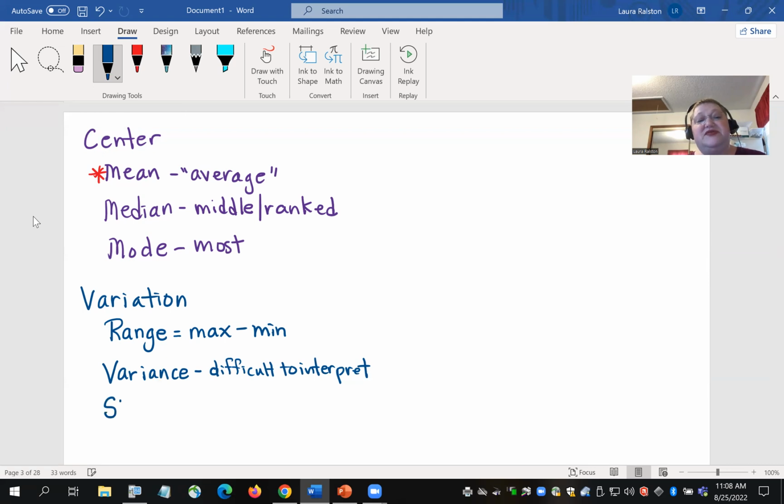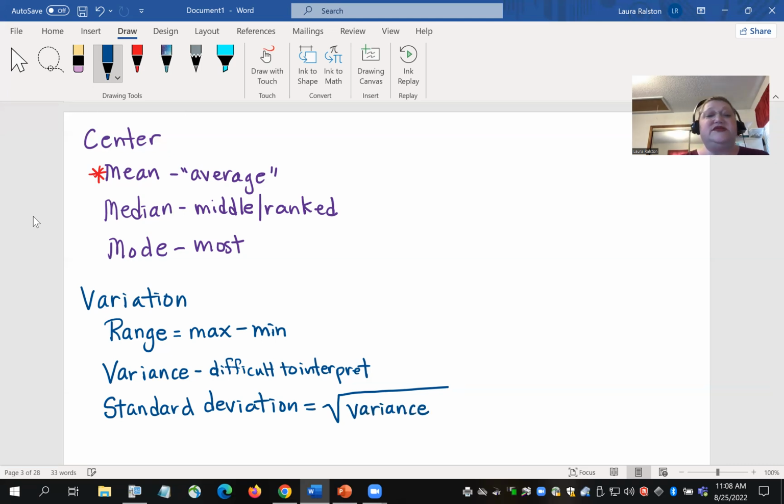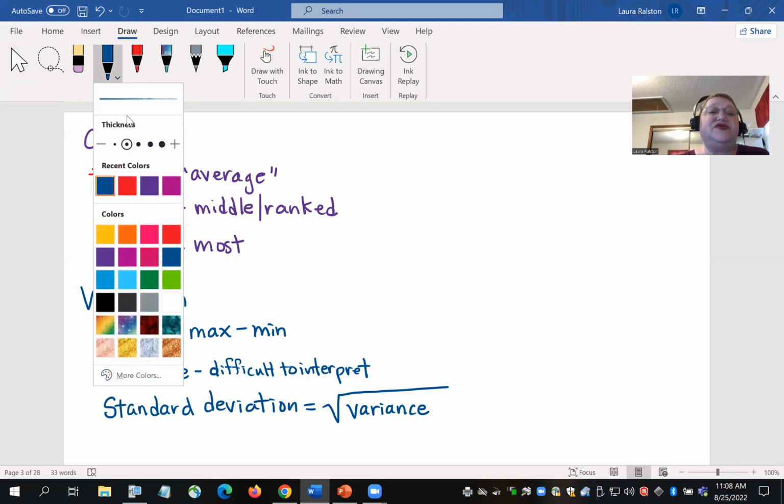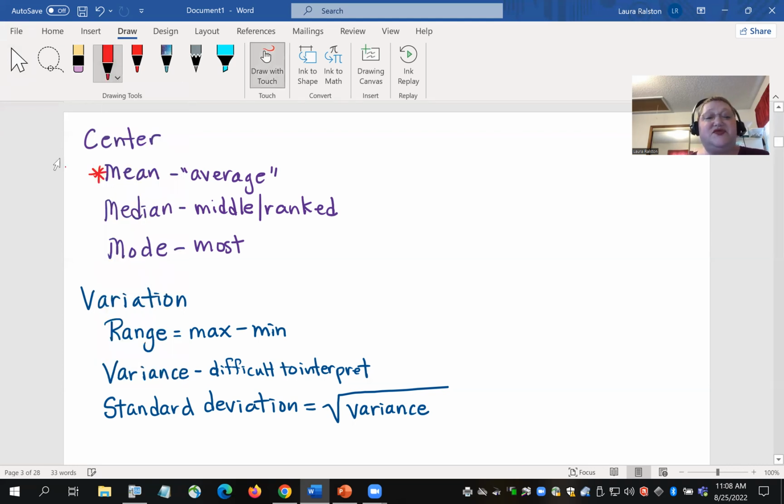The one that we use most often is standard deviation. And the formal definition of standard deviation is it is the square root of the variance. We go back and we undo the square. So of those three, and I'm not sure that I mentioned it last class, the one that you'll see most often is standard deviation, really for the same reasons.